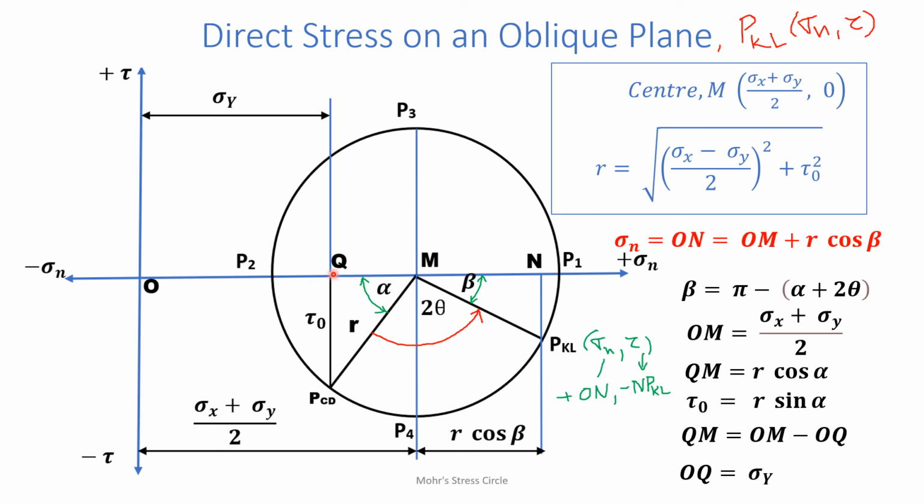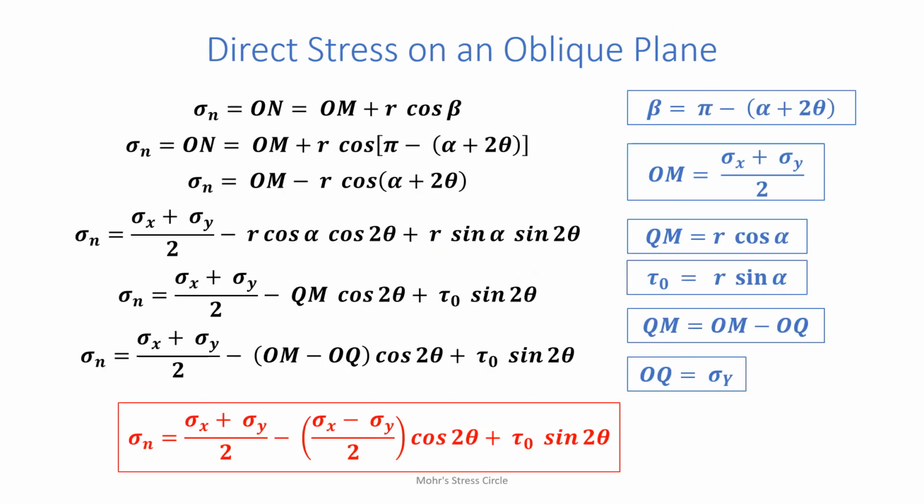Another observation: this distance QM is OM minus OQ. We know the coordinates for this point were sigma y and stress minus tau naught, so OQ is sigma y.